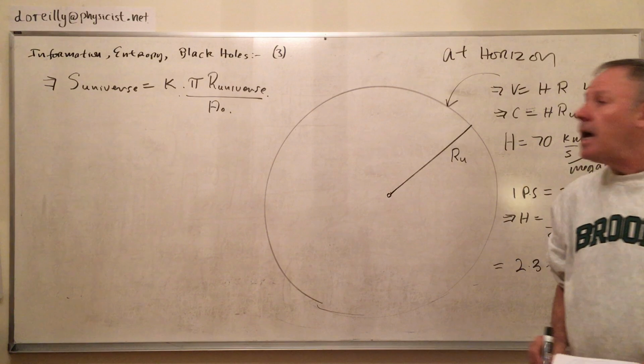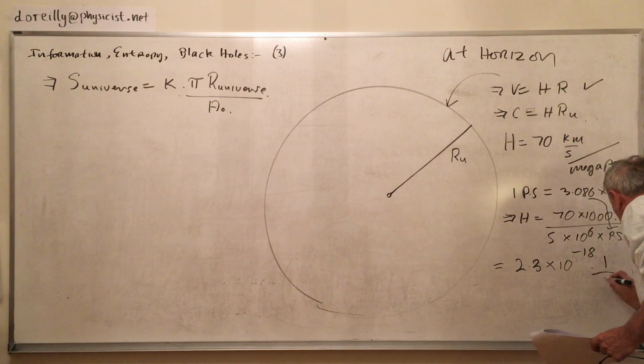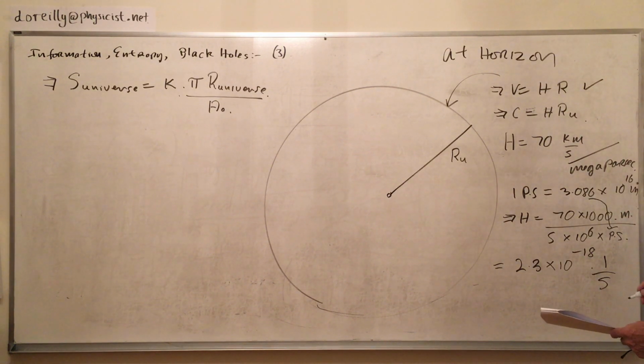Now, Hubble's constant has the reciprocal units of time in SI units. So that's H.